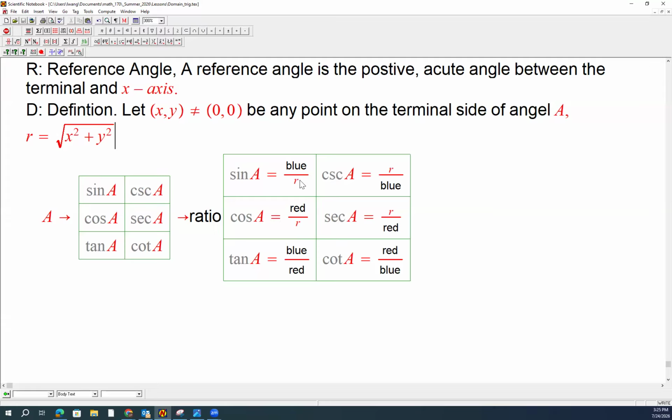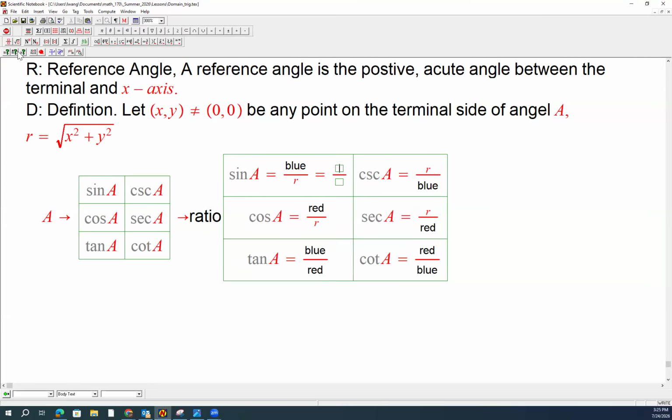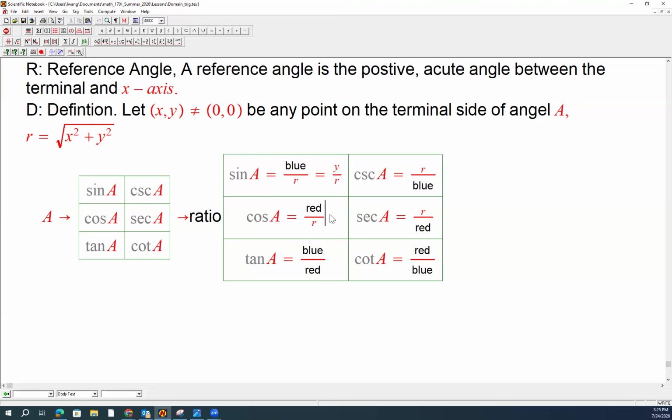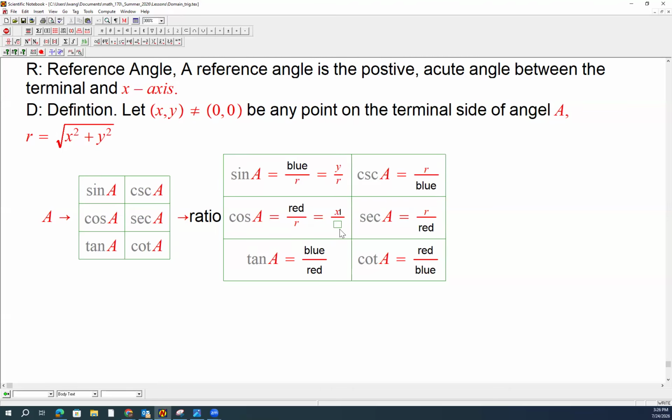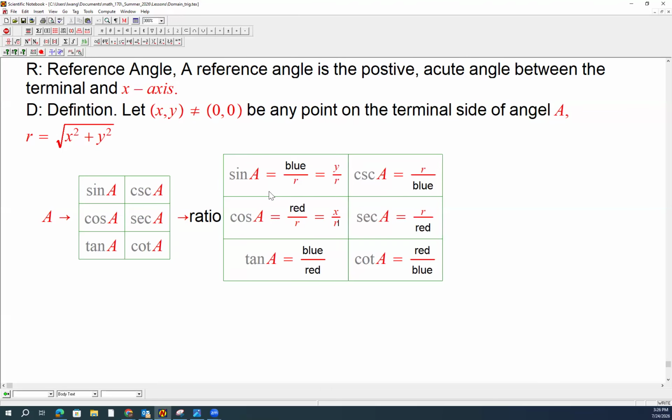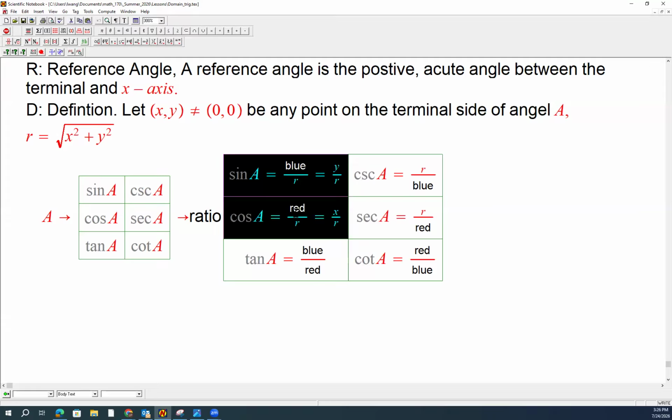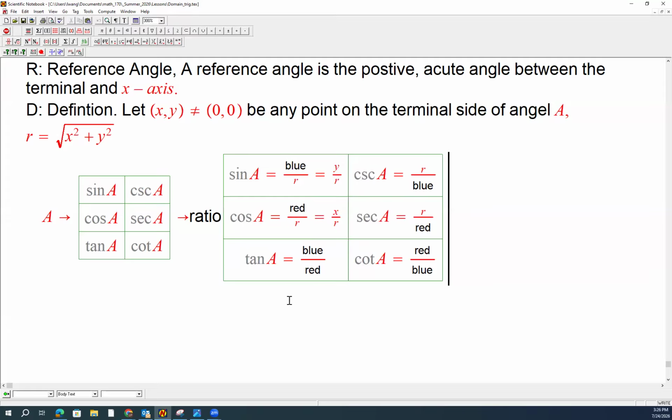Because R can never be zero, any angle will have a Y over R, and an X over R. So in this regard, you can see the domain of sine and cosine are all real numbers.